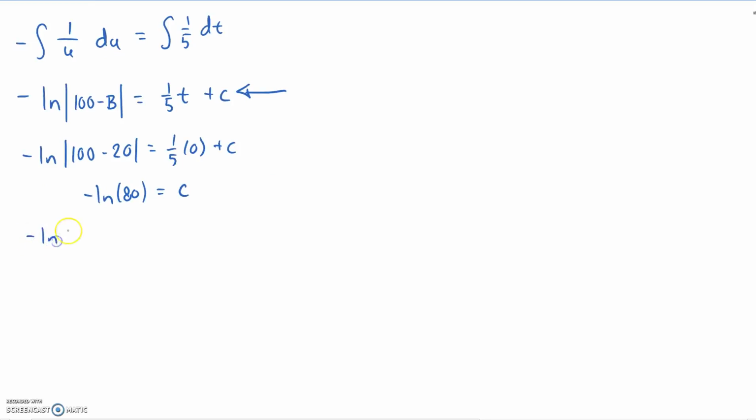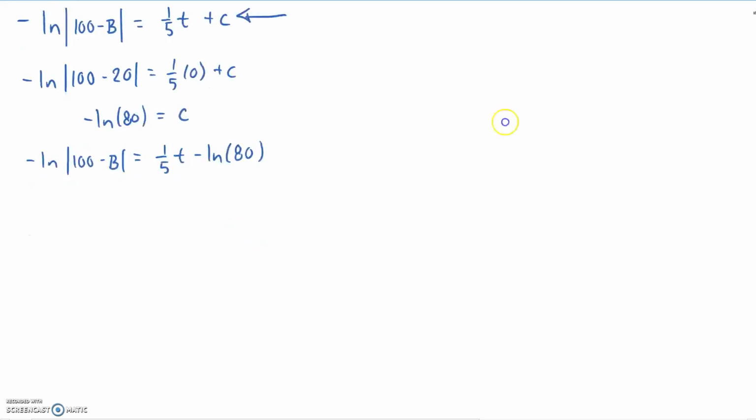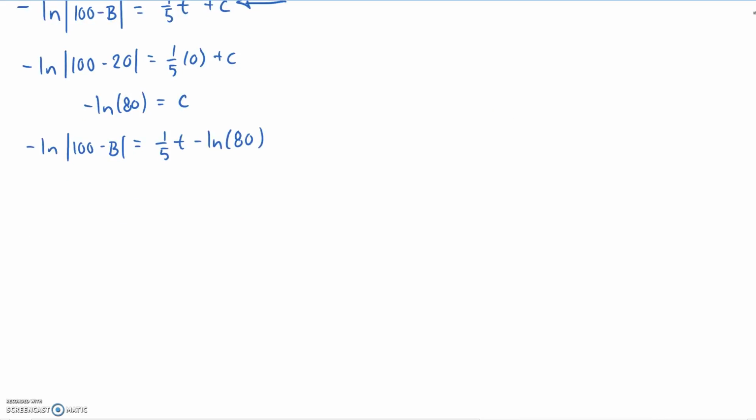So negative natural log of 100 minus b is equal to 1/5 t minus natural log of 80. And then we're going to solve. Before I can get rid of the natural log, I have to get rid of that negative in front of the natural log. So multiplying both sides by a negative gives me the natural log of 100 minus b equal to negative 1/5 t plus natural log 80.